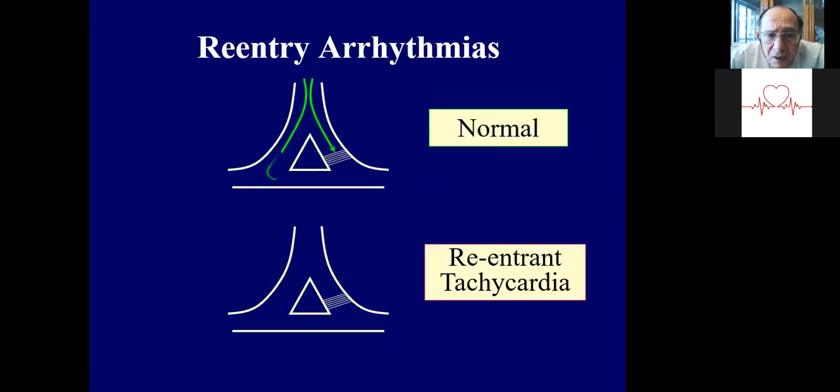This is the block, the impulse. Again, the impulse returns. The block is antegrade but not retrograde, and the impulse circulates in re-entry circus movement in the AV node and fires even up to 200, 210, 220.